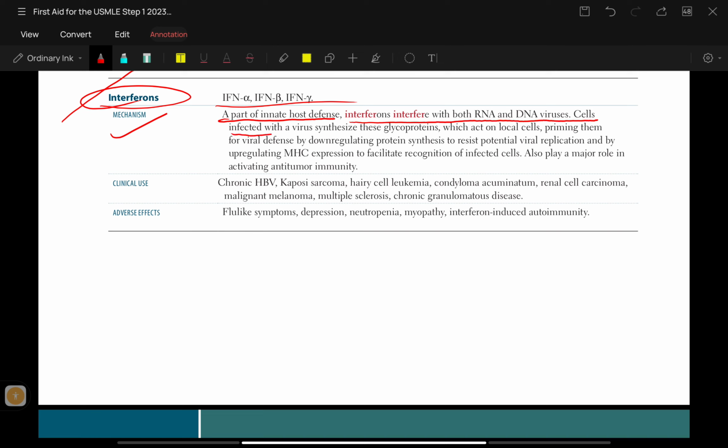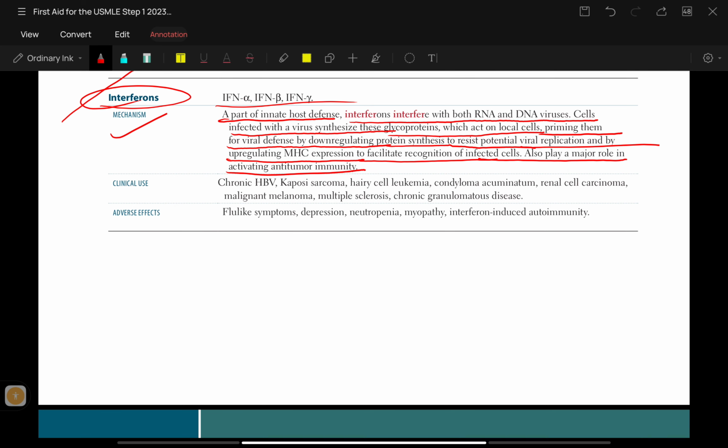Cells infected with a virus synthesize these glycoproteins, which act on local cells, priming them for viral defense by down-regulating protein synthesis to resist potential viral replication, and by upregulating MHC expression to facilitate recognition of infected cells. They also play a major role in activating anti-tumor immunity.